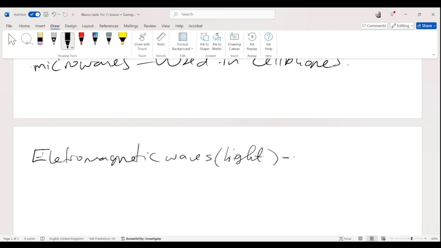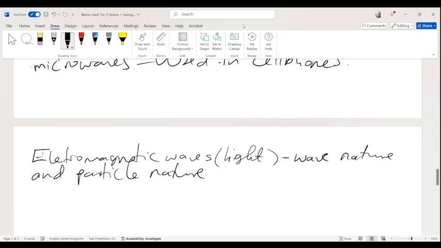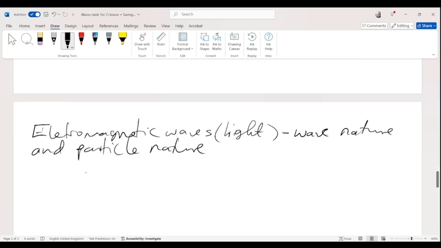Okay, what we know about them is that they have a wave nature and a particle nature. Now the wave nature we have already talked about. Now the particle nature, we are going to talk about photons.